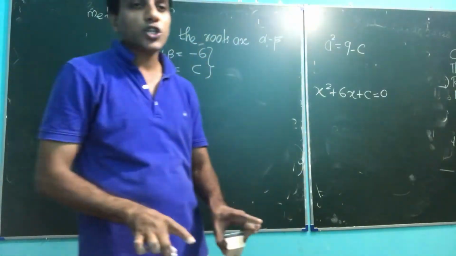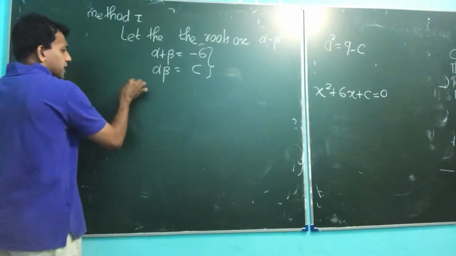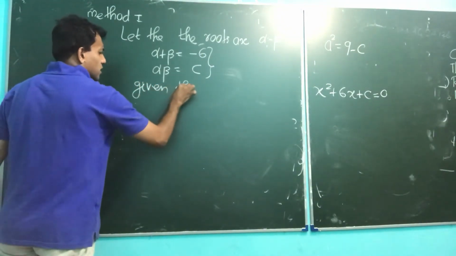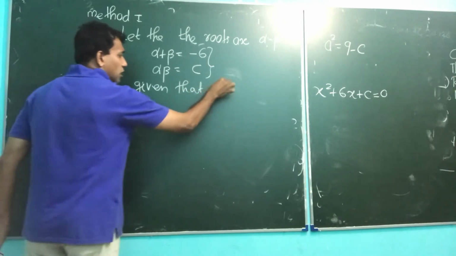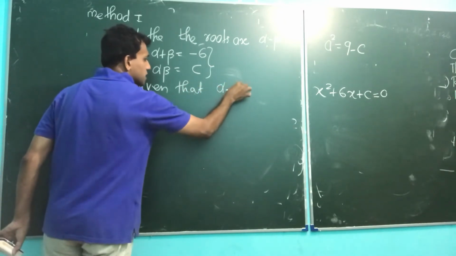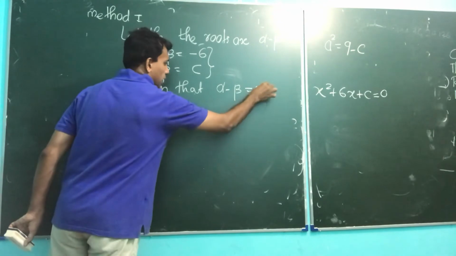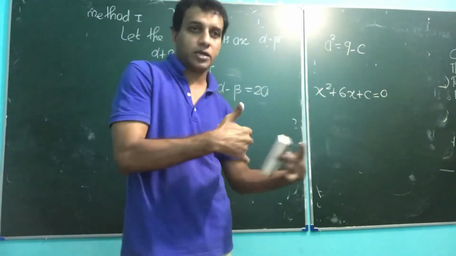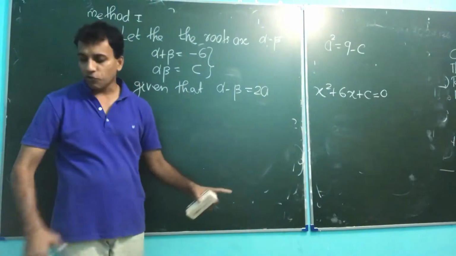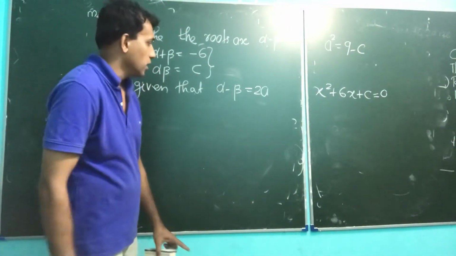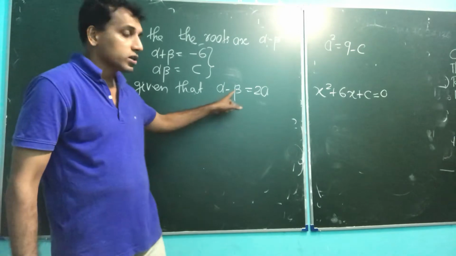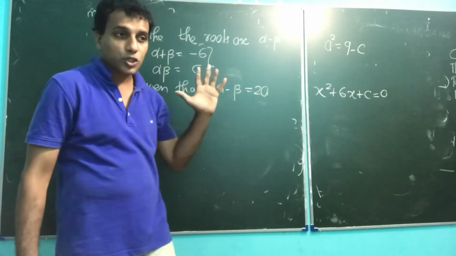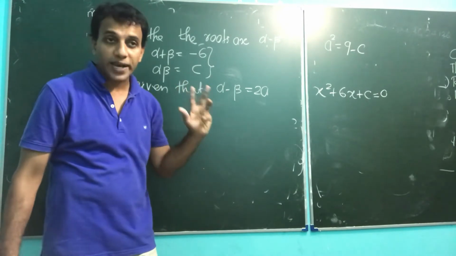Now in this question they said one thing: given that alpha minus beta is 2a, the roots differ by 2a. There is no straight answer for alpha minus beta.